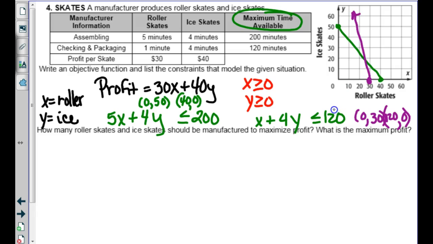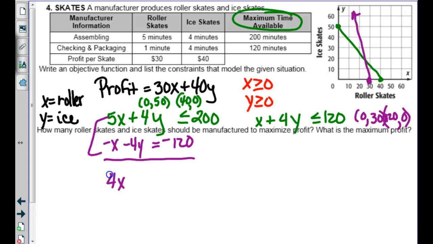How could I find the points of intersection real fast? Guys, do they both have a 4y? Okay, so I'm going to rewrite that one down here: negative x minus 4y equals negative 120. And then I'm going to add them together real quick because I don't want to take time to do it on my calculator. I get 4x equals 80, so that makes x 20.